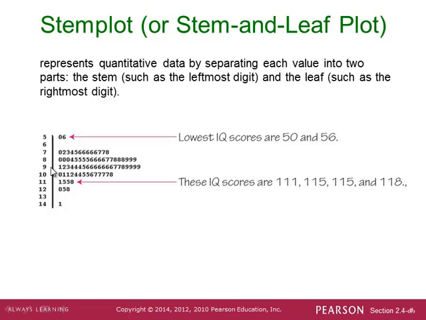The average value is probably in the 90s. The digits in the tens and hundreds positions are said to be the stems, and the digits in the ones position are said to be the leaves.